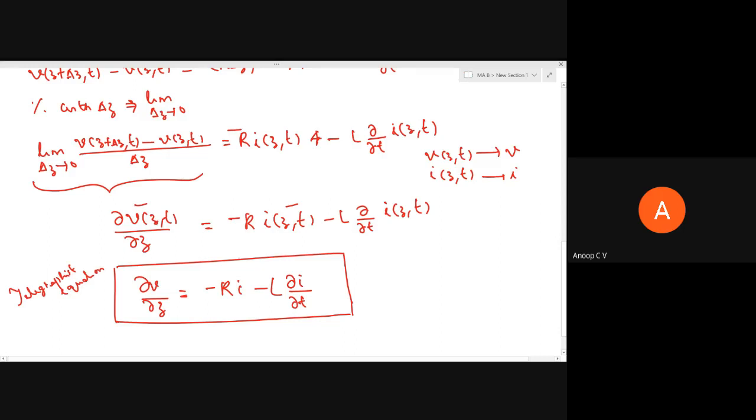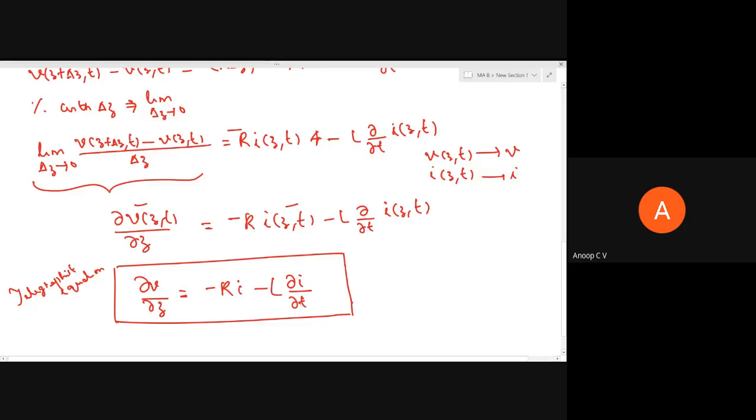In fact, this particular equation was used to model the telegraph line, the underwater transatlantic telegraph line. To mathematically model that, this equation was used.